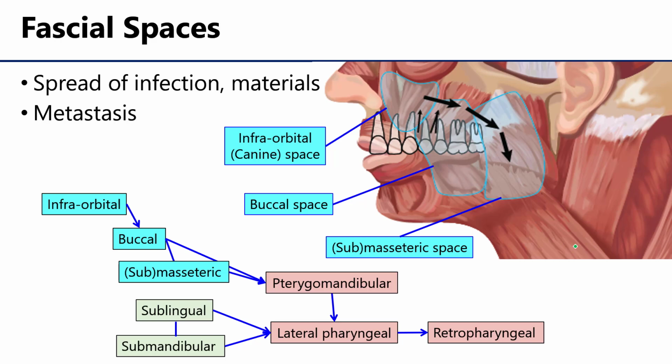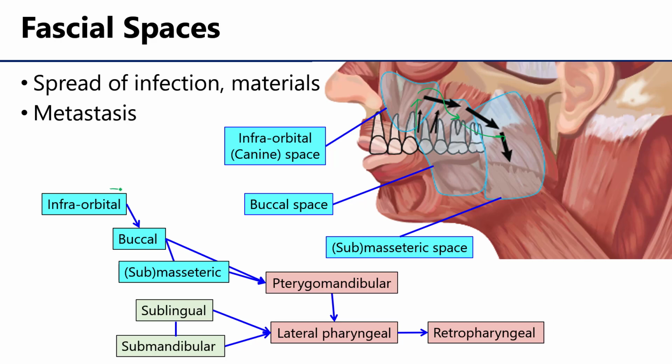So I've outlined some of the cranial pathways here in kind of a lighter green or turquoise here. So we can see kind of operationally materials can move if there's an infection into that infraorbital space, down through the buccal space, back into the submasseteric space.